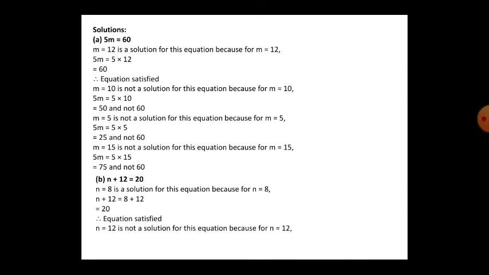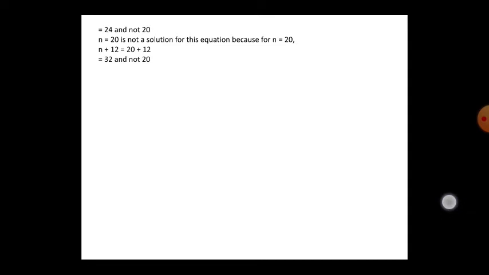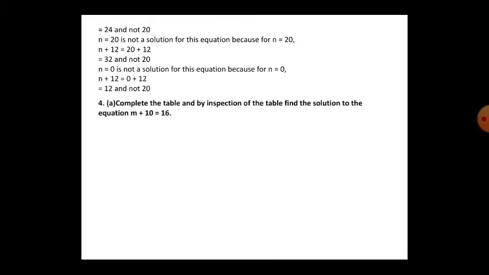Like that, if you check for n equals 12, now 12 plus 12 is 24. So 24 does not satisfy. The equation does not satisfy if you substitute n as 20. Now n plus 12, if you substitute 20, there also the equation does not satisfy. If you substitute n as 0, 0 also does not satisfy, because you will get only 12.